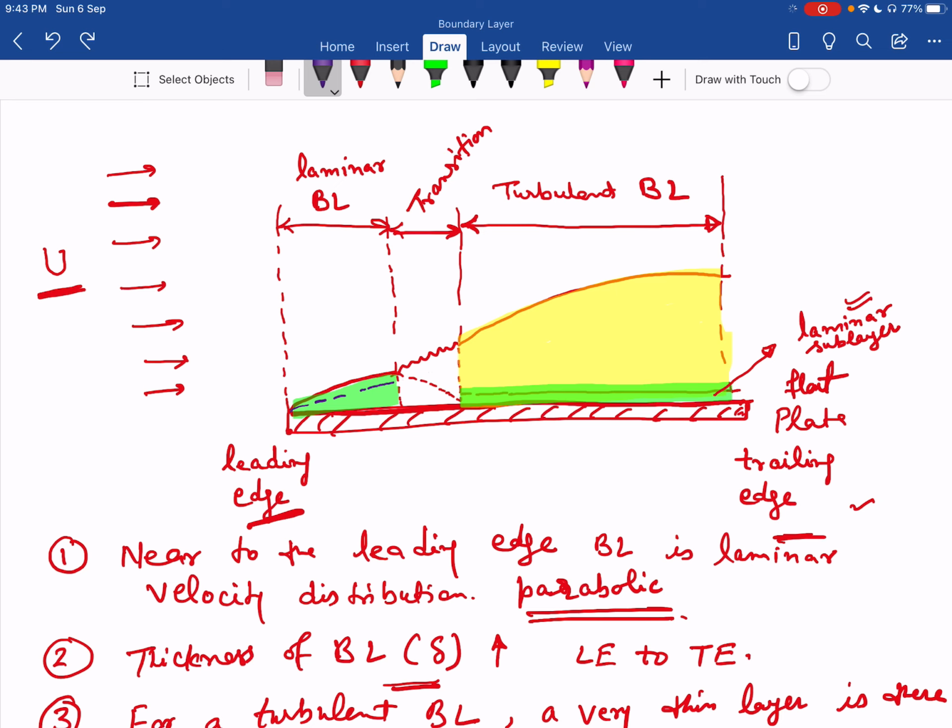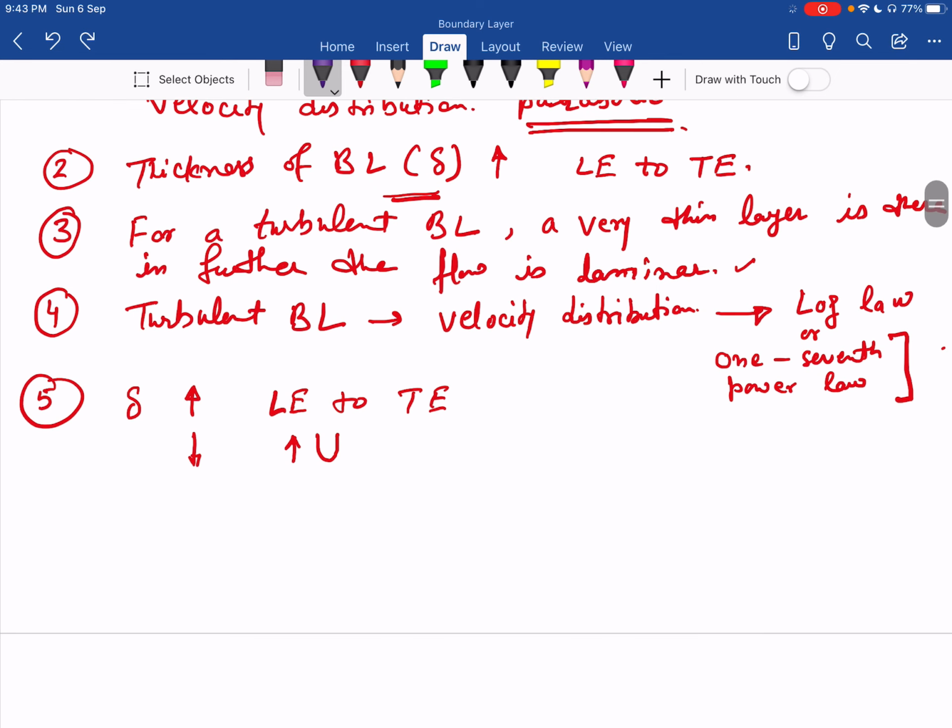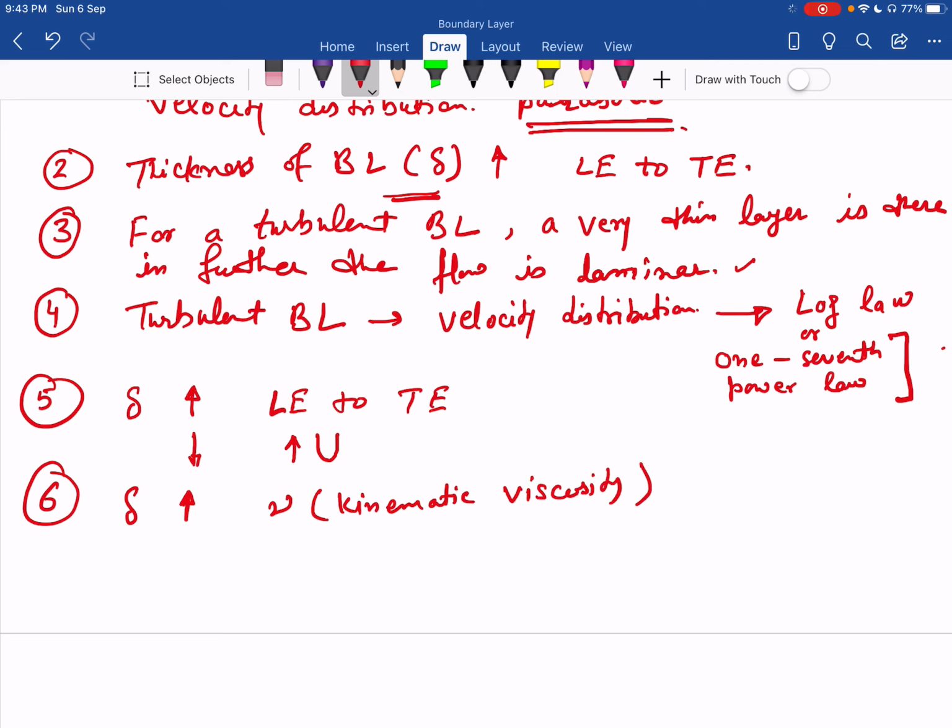Okay, another point you can note here: delta increases as the kinematic viscosity, so nu is the kinematic viscosity, increases.